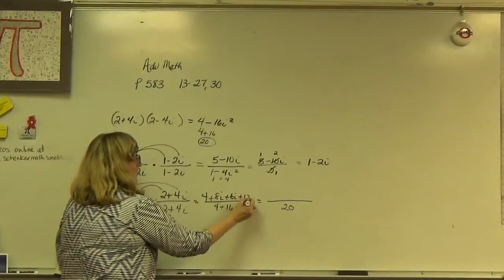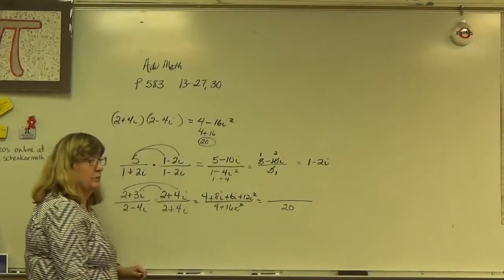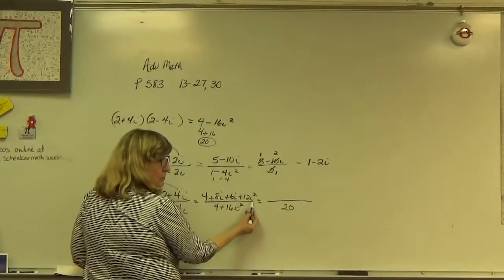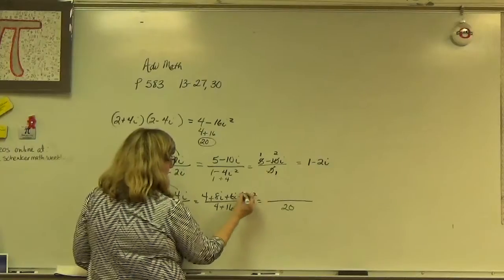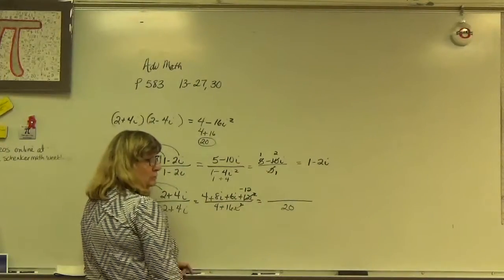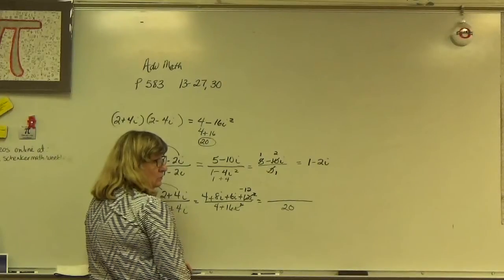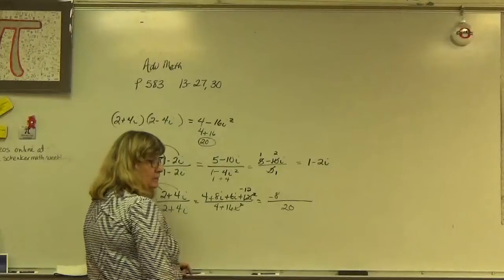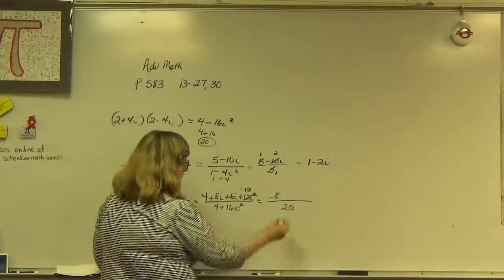Okay, now, Mason, how can I simplify? Oh, let's see. i squared changes to the negative 1, so that makes that a negative 12, okay? So what's a negative 12 and 4? Negative 8. What's 8i plus 6i? 14i.